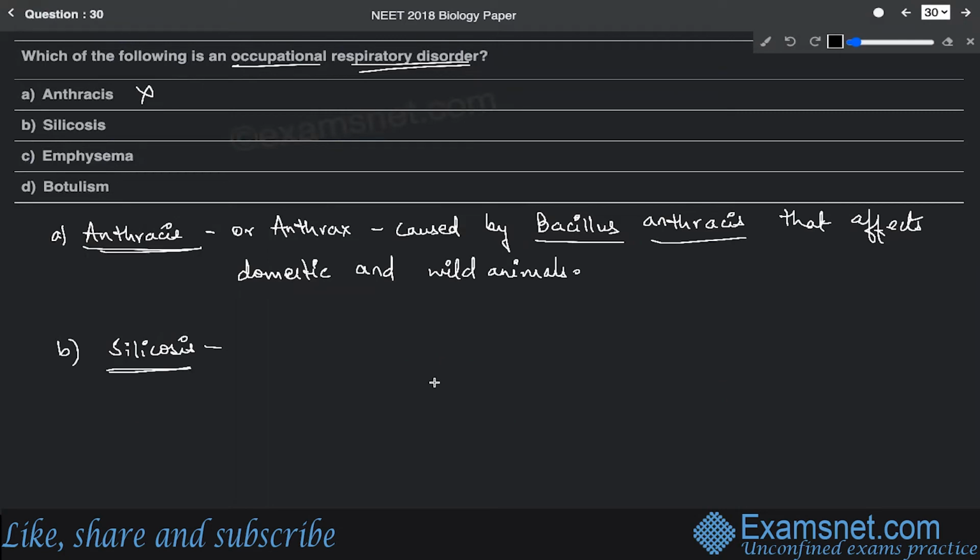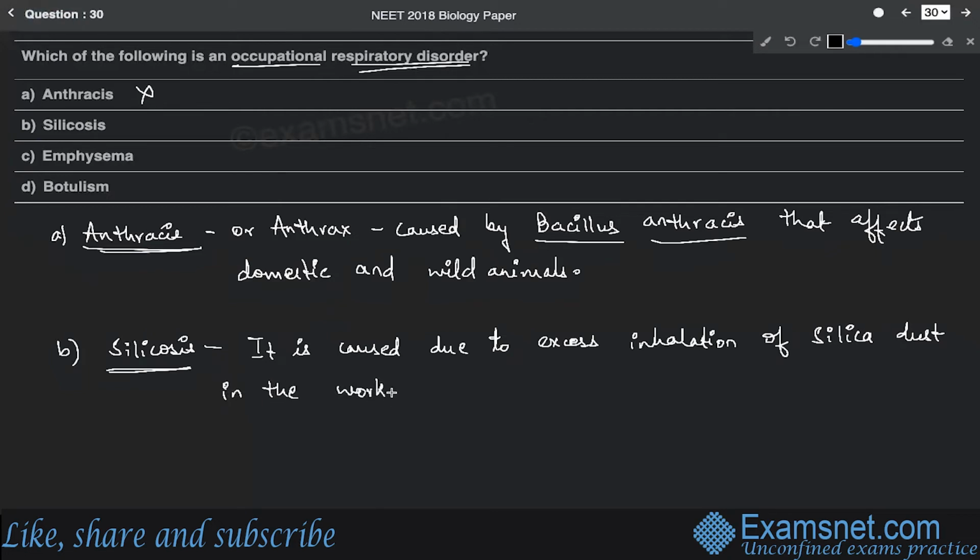This dust usually gets inhaled by those workers who are involved in working in industries or areas where grinding processes or stone breaking processes are involved. So it is caused due to excess inhalation of silica dust in workers involved in grinding or stone breaking industries.